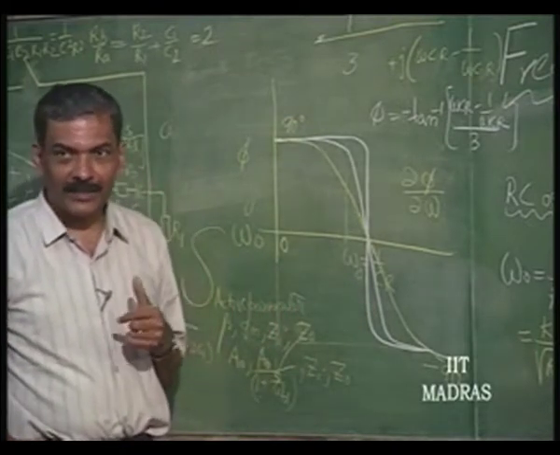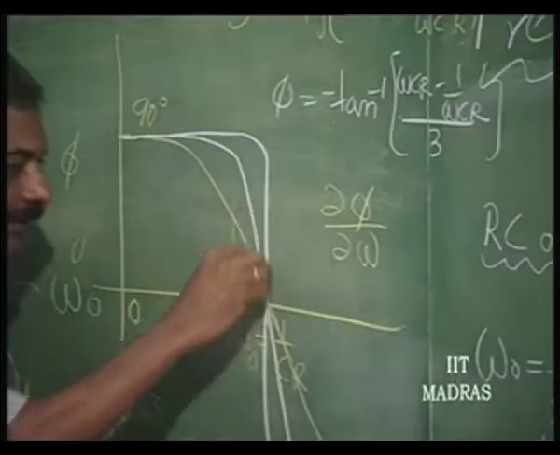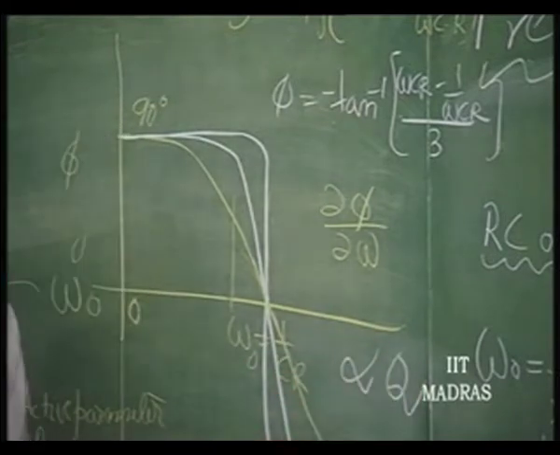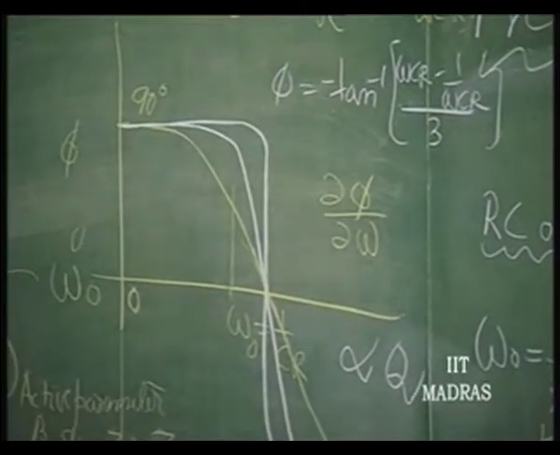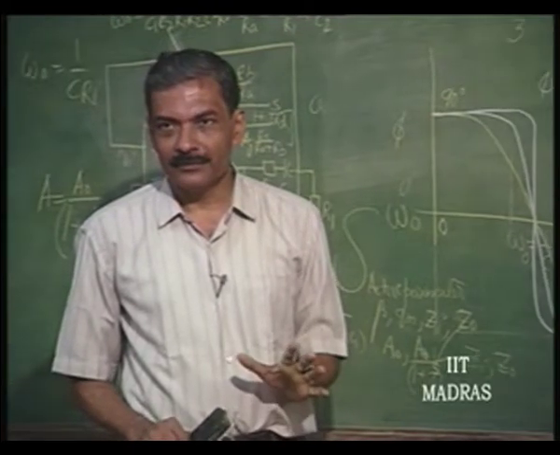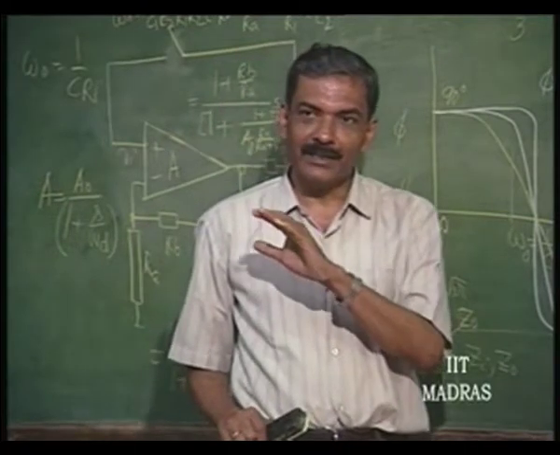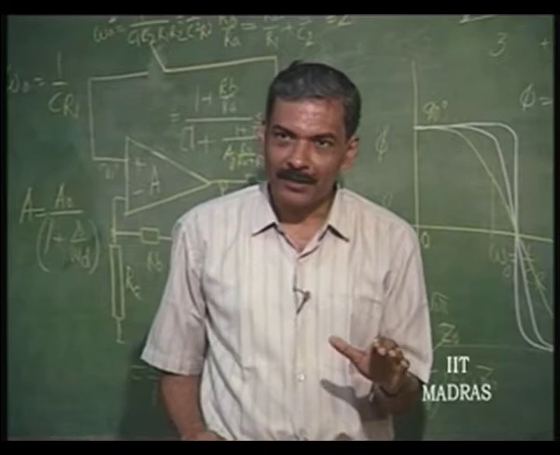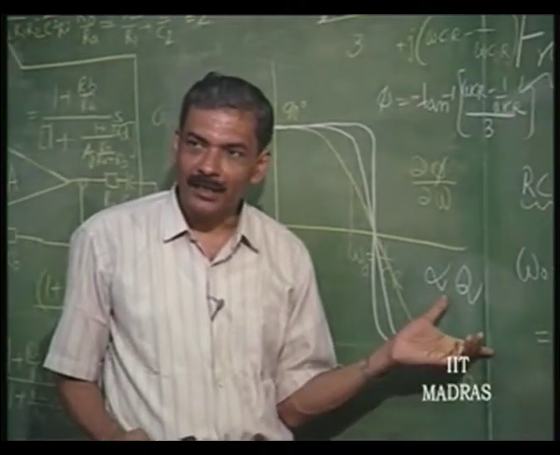Whereas, in the case of a crystal or an LC oscillator, this is going to be pretty high. It is directly proportional to Q, and Q for the passive RC network is never greater than half. That means all the poles of these passive networks always lie on the negative real axis. You cannot get a complex conjugate pair of poles, and you can prove that Q cannot be greater than half.